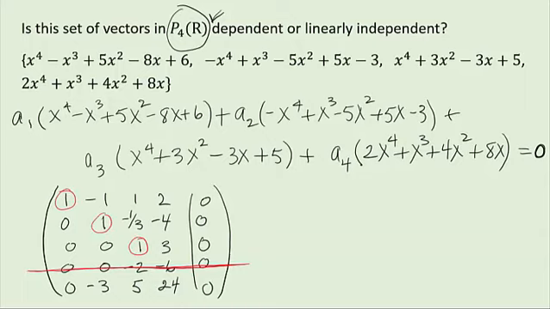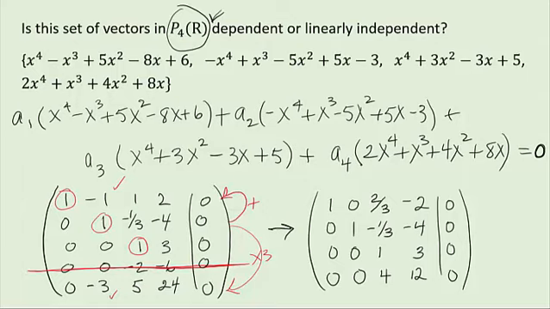I already have zeros in column 1 other than the 1, and I need to get 0 here and 0 here. So I will use row 2, and I will simply add it to row 1 to get rid of the negative 1, and I will multiply it by 3 and add to the 4th row.